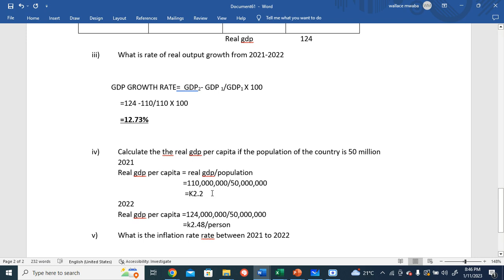I forgot to put that per person. And here it's 2.2 kwacha per person.